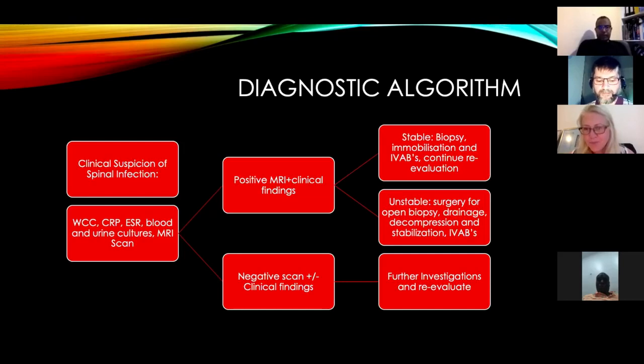Again, intravenous antibiotics. So if we go back and we've got a negative scan and we're not sure about our clinical findings, then we need further investigations and we need to reevaluate the situation.